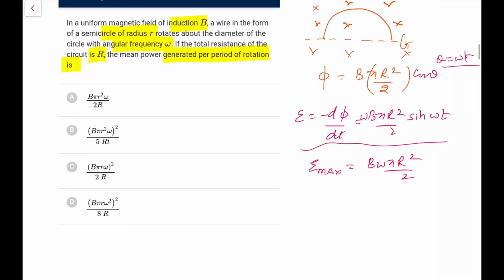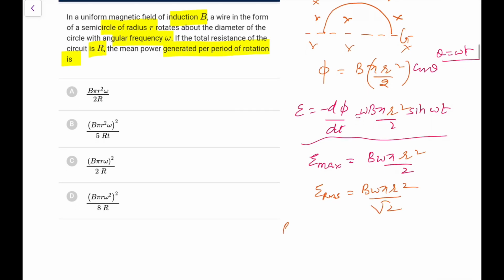This is the radius I am talking about, and the resistance will be capital R, so better I write the radius as small r, otherwise it will create confusion in the end. So this is Emax. ERMS you can directly go for as B omega pi r square by root 2.